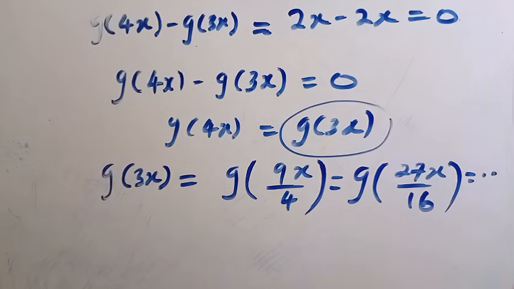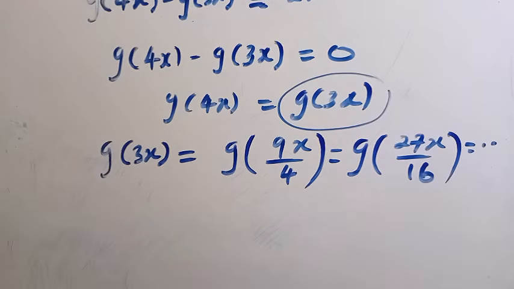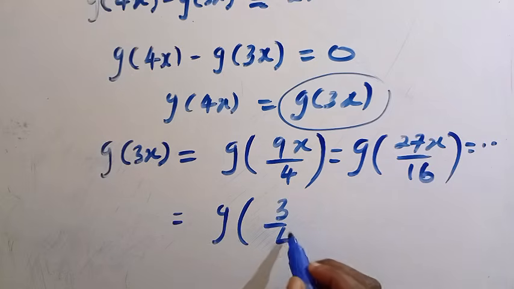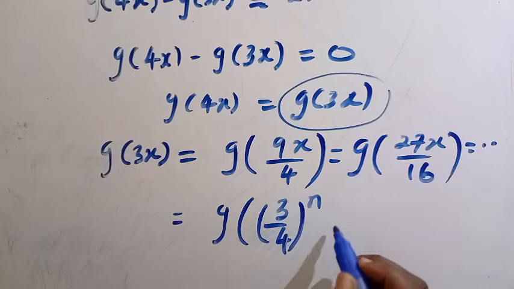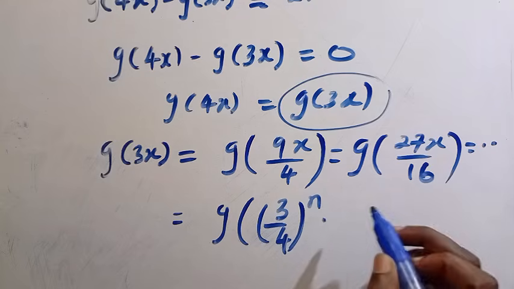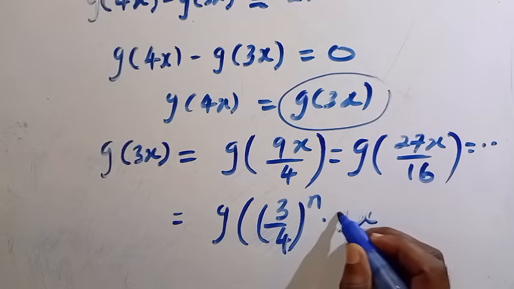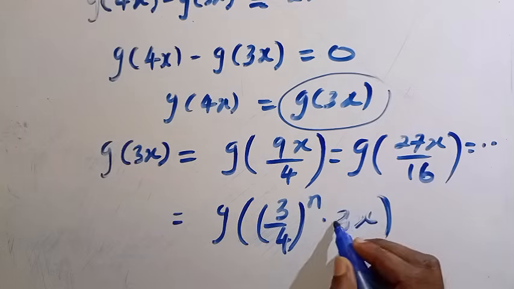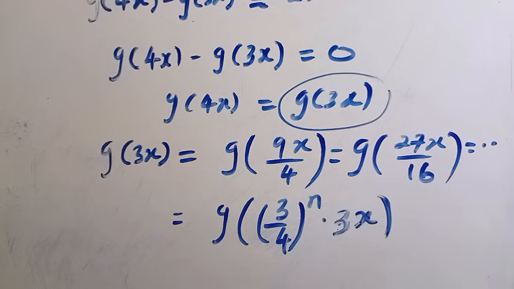So if we keep continuing, we can make this in a general way as g of (3 over 4) raised to the power of n, then multiplied by 3x. So this is what we are going to have as the general way of writing this.